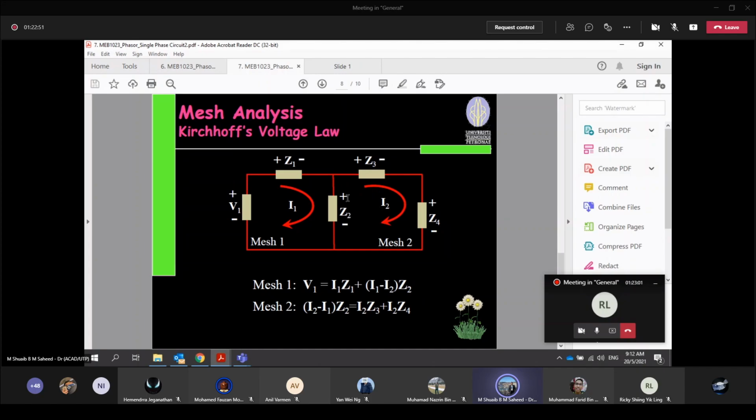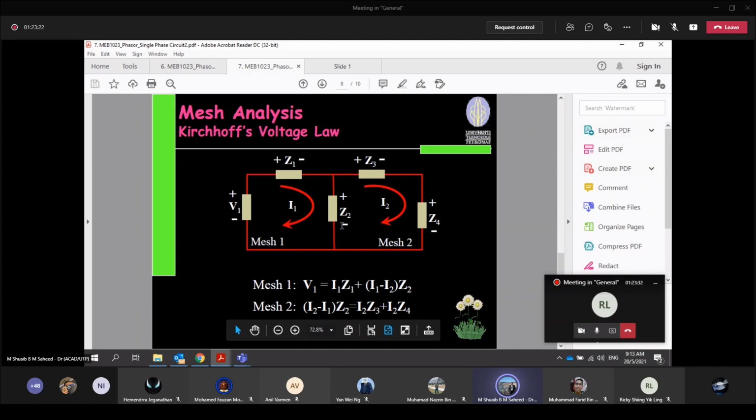You need to take into account all the components that it covers. In this case, to avoid the ambiguity from the beginning, you may start with an impedance that only has one current flowing in. So you can make one nice loop going to your Z3. So I2 Z3 plus I2 Z4.